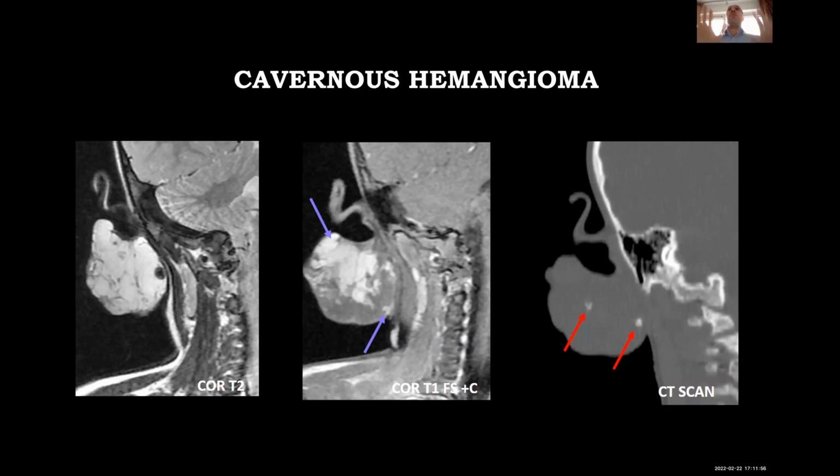But generally, when you hear hemangioma, search for the phleboliths. In T2, it is high signal, T2 shine through, heterogeneous, and post contrast, peripheral and then central, centripetal enhancement. But the most important finding is the phleboliths.